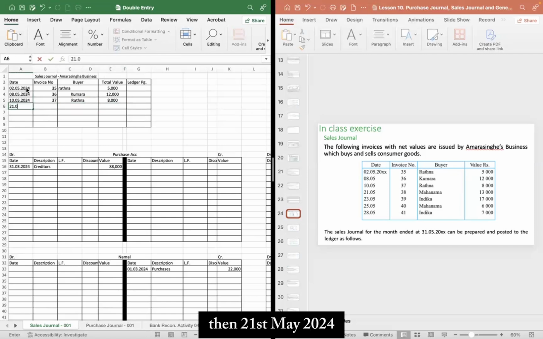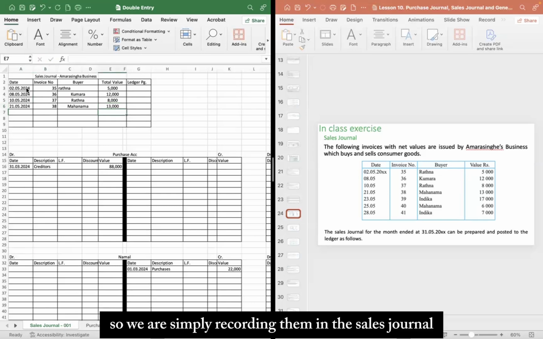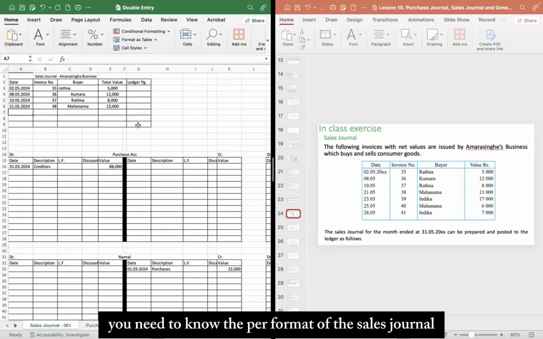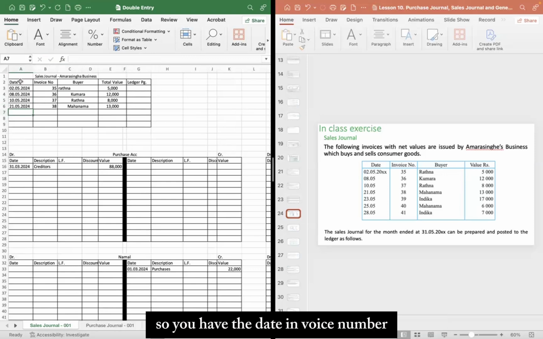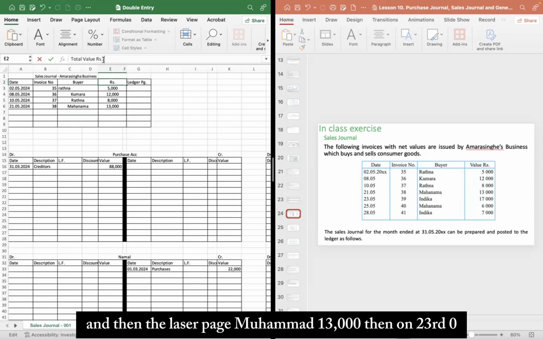Then 21st May 2024, 38, Mahanam and 13,000. So we are simply recording them in the sales journal. So the important thing is you need to know the format of the sales journal. So you have the date, invoice number, buyer, total value in rupees, okay, and then the ledger page.